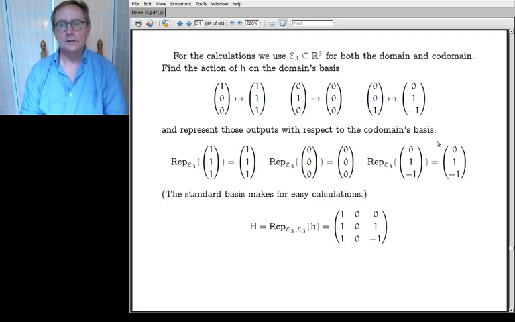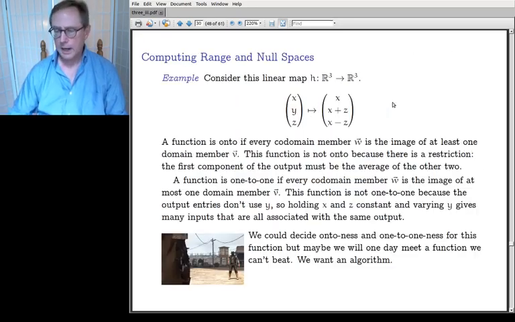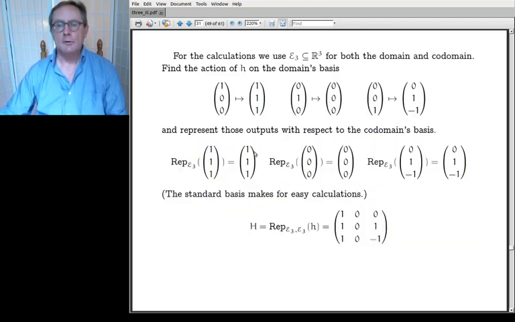So for the calculations, I'm going to use the standard basis, because I could pick another basis, but the standard basis is relatively easy. Here's the action of H on the domain's basis, and I got the action of H from right here. And I represented those with respect to the codomain's basis. If the codomain's basis is the standard basis, then every vector is represented by itself. So that's nice.